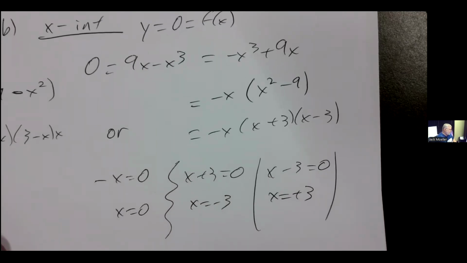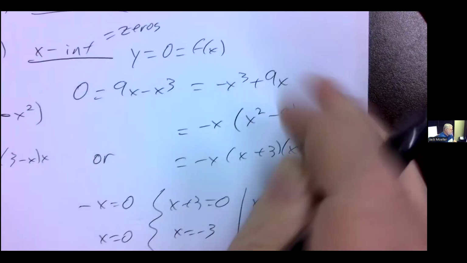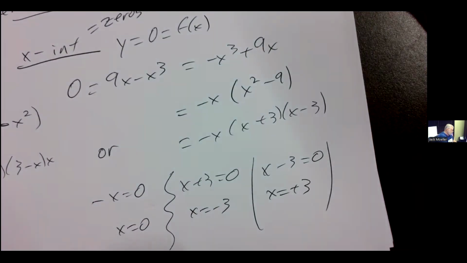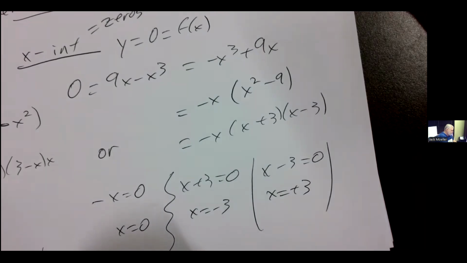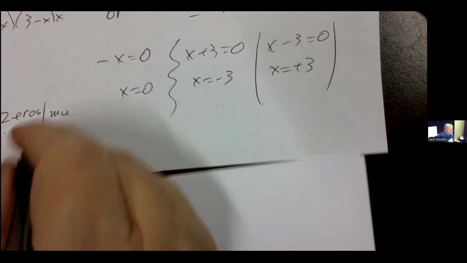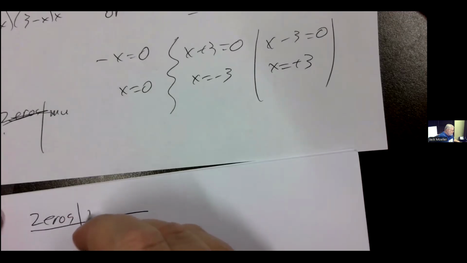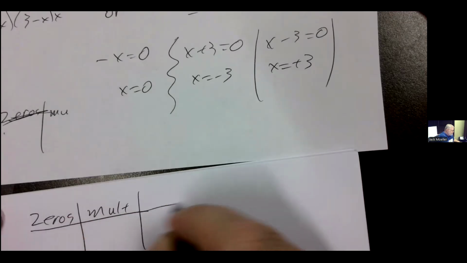Now, since they are talking about this, remember x-intercepts are zeros. So let's go ahead and do our chart. We don't need it immediately, but we will need it at some point in the problem.